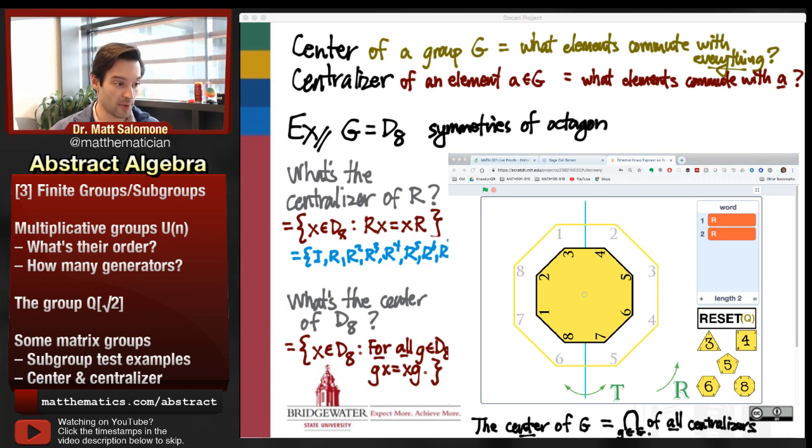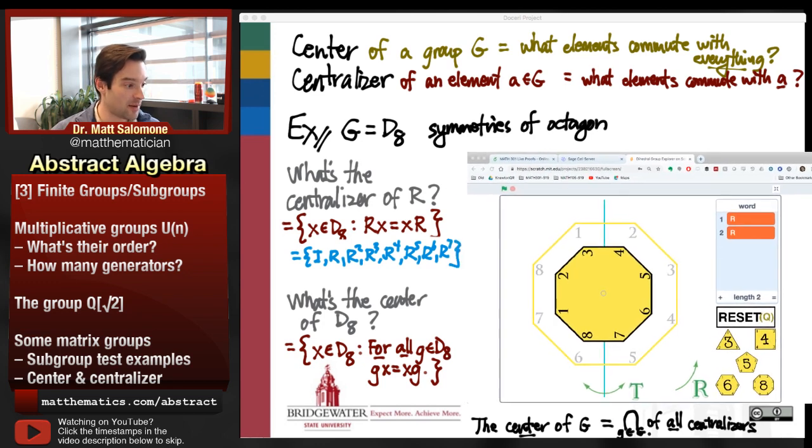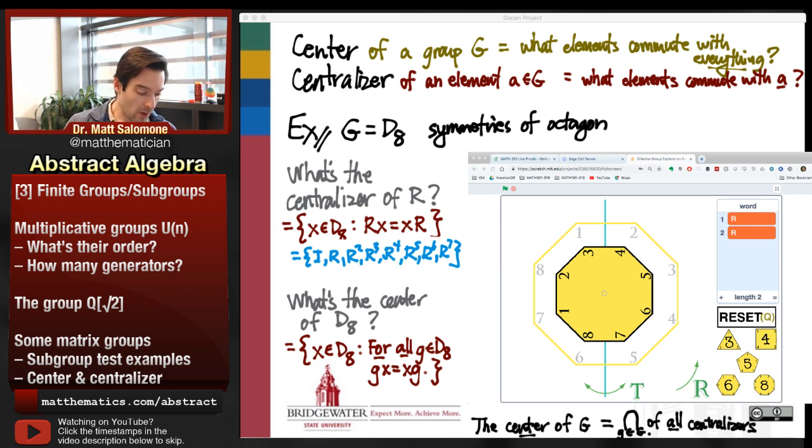Sorry, I'm trying to slide my browser window off to the side here real quick, just so you can see everything. There we go. So the centralizer of R, that stuff that commutes with R, consists in this example of just the powers of R, just the rotations of this octagon, and nothing else. But what about the center of D8? What is there in the dihedral group of the octagon that commutes with everything in the dihedral group of the octagon?